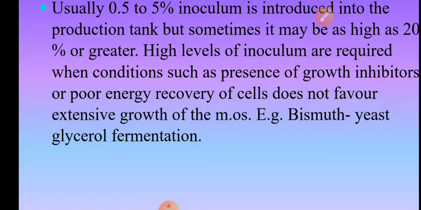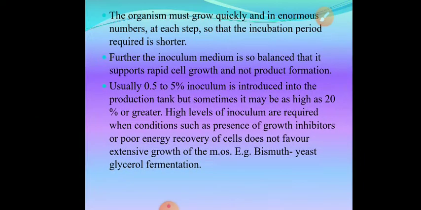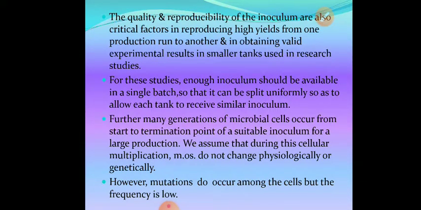That is, when do we add 20% of inoculum or more? When certain growth inhibitors are present in the medium, or recovery of cells does not favor extensive growth. Say, for example, if you are using bismuth, yeast, glycerol fermentation, in that case you have to add 20% or more. Otherwise 0.5 to 5% inoculum is sufficient.